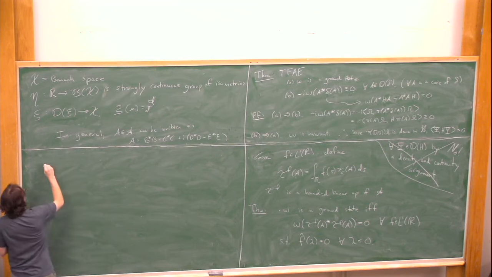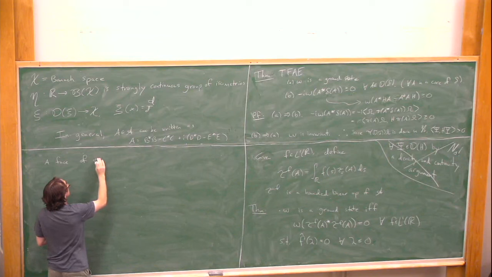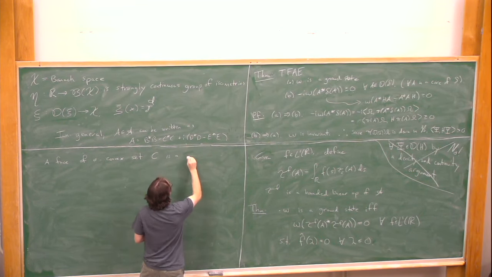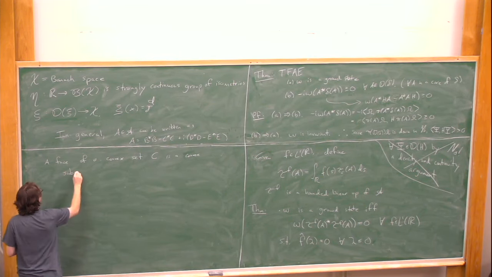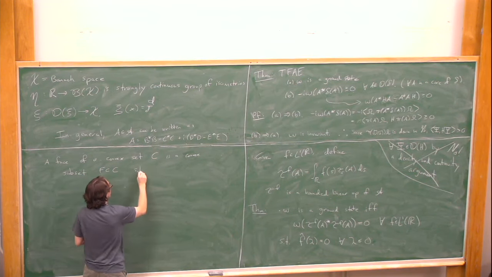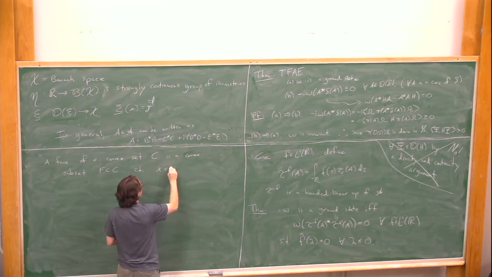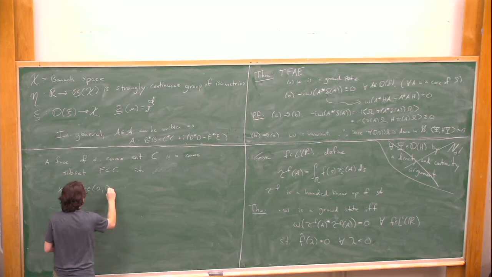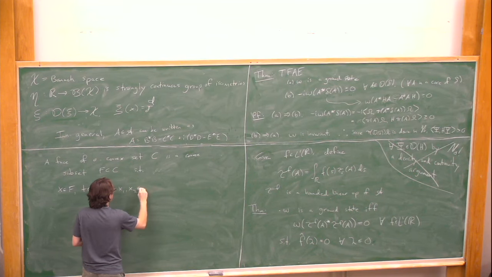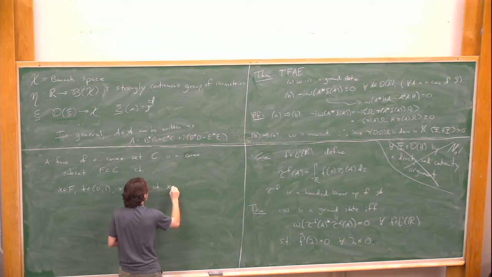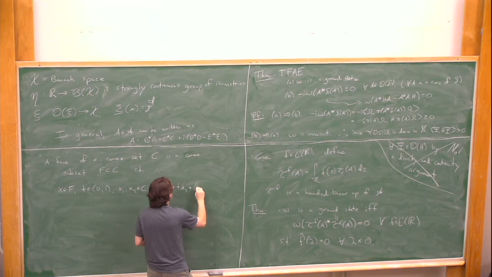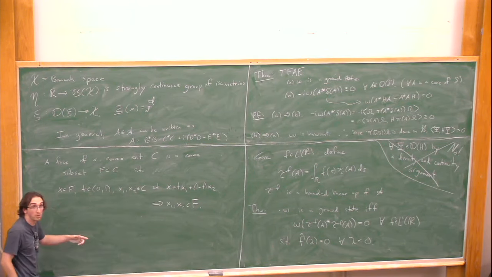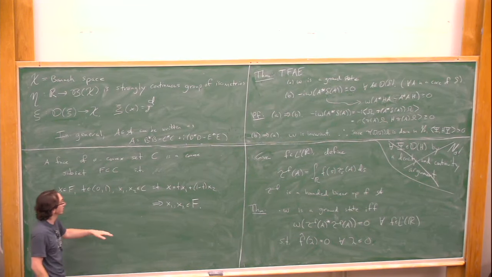And a face of a convex set C is a convex subset, call it F subset of C, such that if X is in F, t in (0, 1), and X1, X2 in C, such that X is a non-trivial convex combination of x1 and x2, this implies that x1 and x2 are in F. So for an extreme point, it implied that x1 and x2 were equal to x. For a face, it implies that they're just in the face.